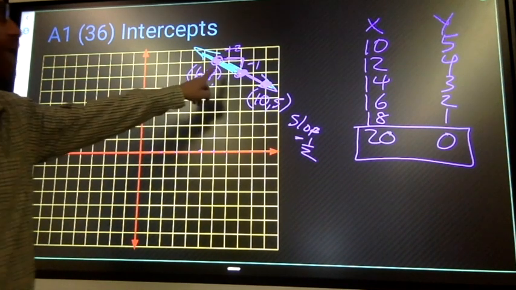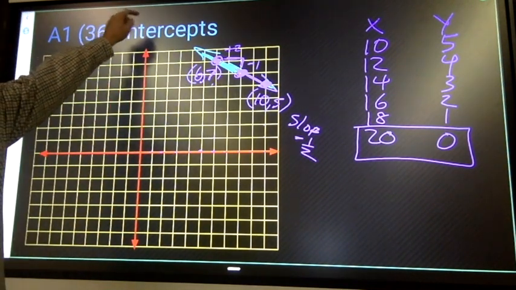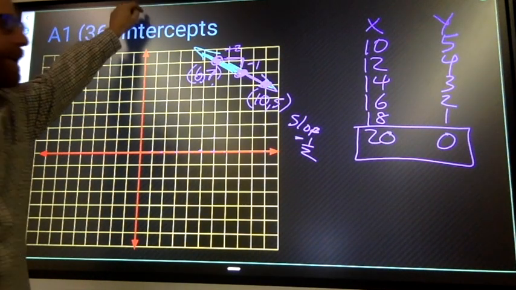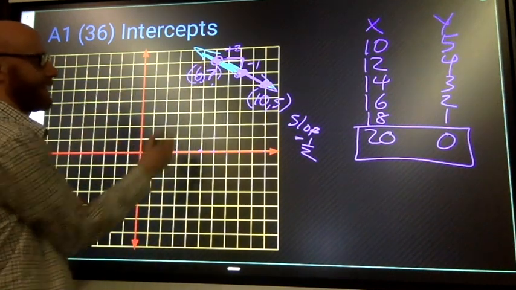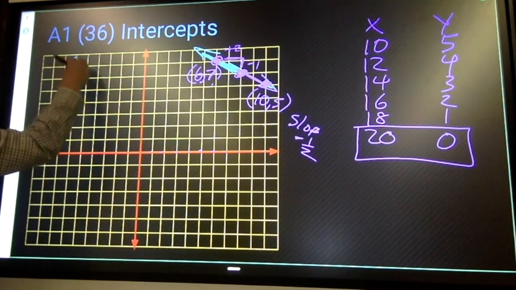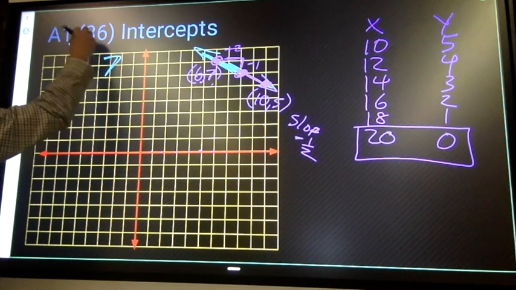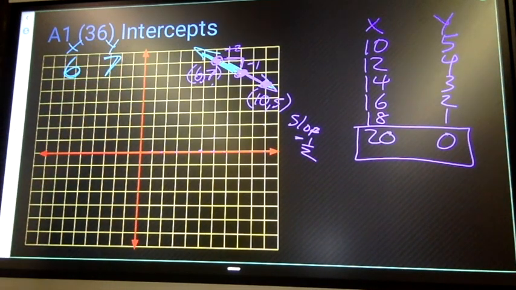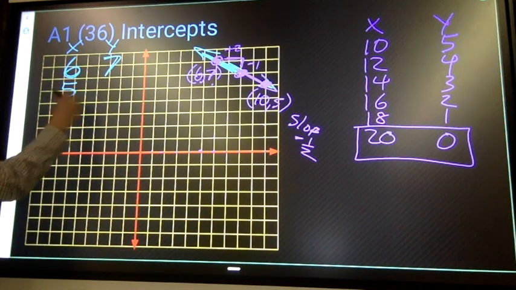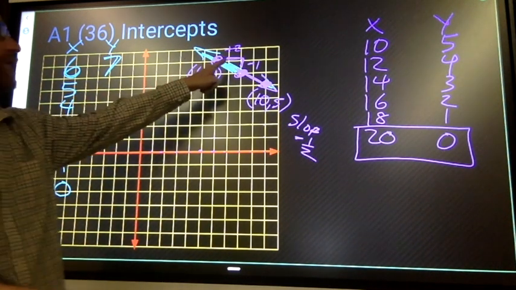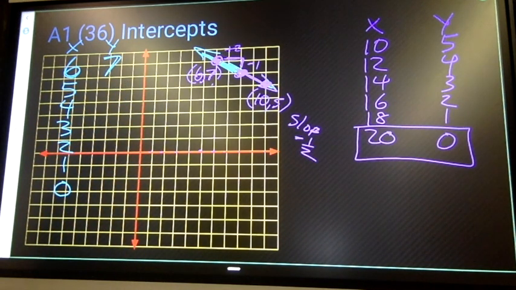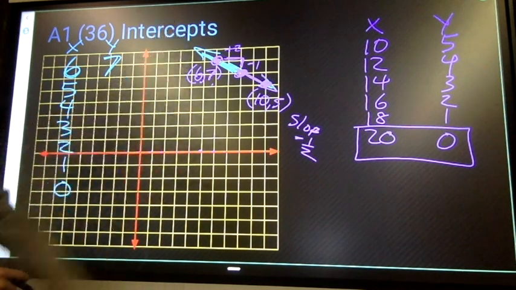All right, going backwards to get my y-intercept, I'm going to start at 6, 7. I want x to be 0, so 6, 5, 4, 3, 2, 1, 0. For every 2 that I go backwards, I'm going to go up 1.